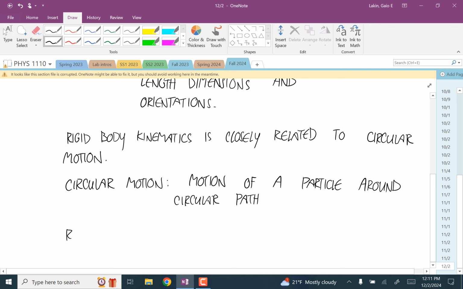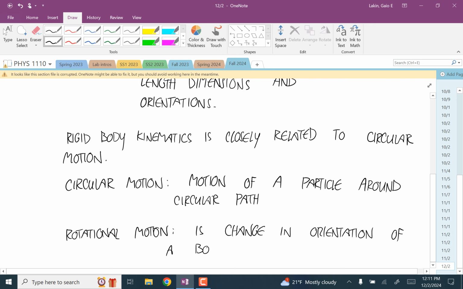And rotational motion is the change in orientation of a body about a point.